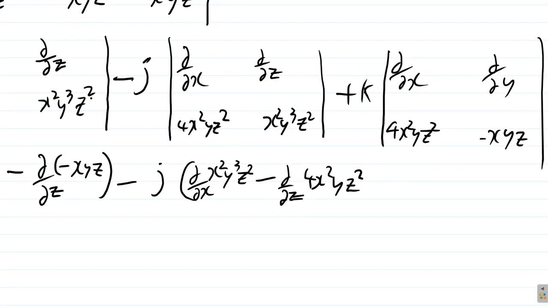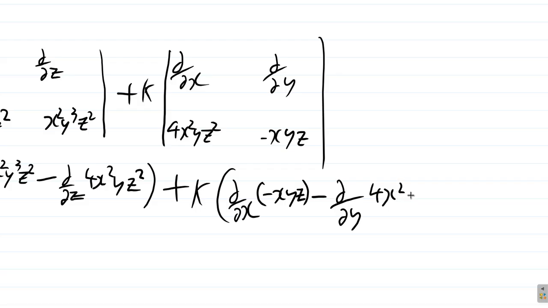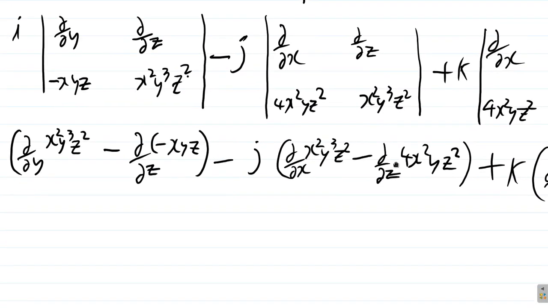You can see it there. Plus k times this determinant: the partial by partial x of negative x y z, minus partial by partial y of 4x squared y z squared. Okay.